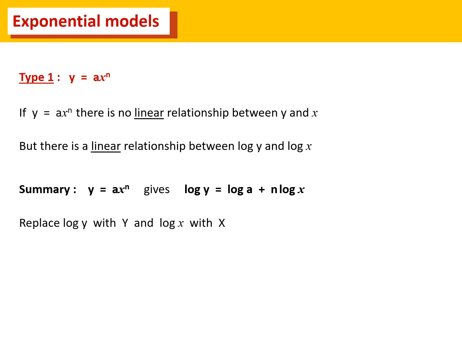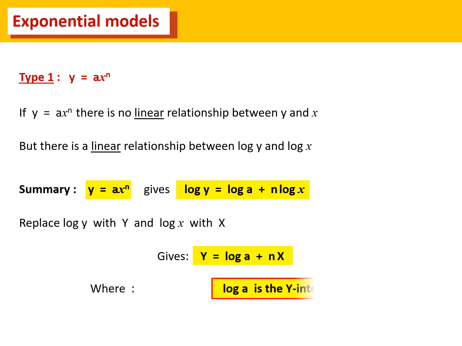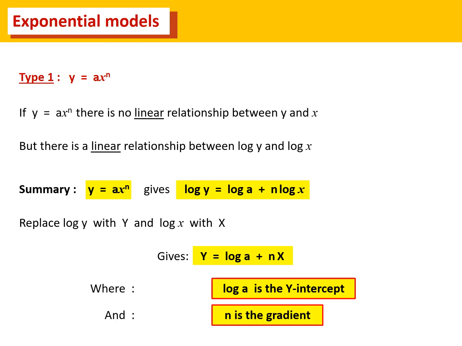We then replace log y with Y, log x with X, and we end up with this here, which is our straight line relationship. And it's by analysing this straight line relationship that we're going to be able to find a and n. Because log a will be the y-intercept on our straight line graph, and n will be the gradient.